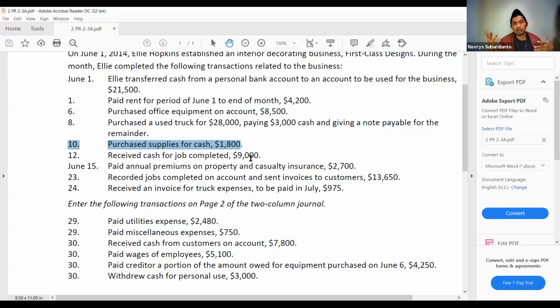The company would use the paper, would use the pen, would use the ink, the printer ink. They would use the supplies during the month for business purposes. However, our supplies balance is still 1,800.